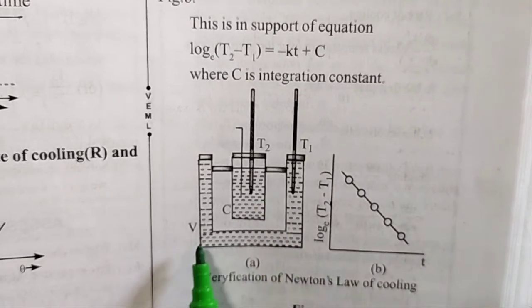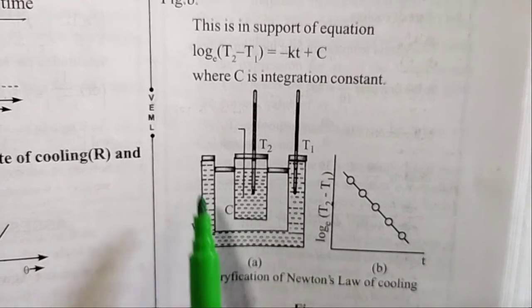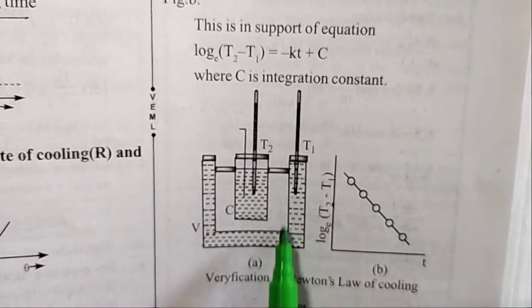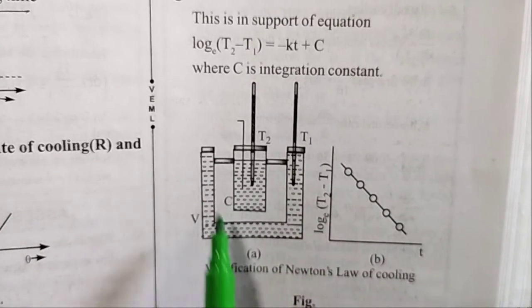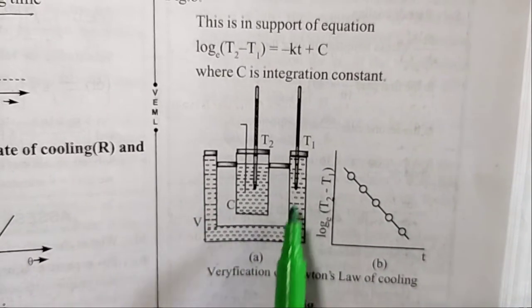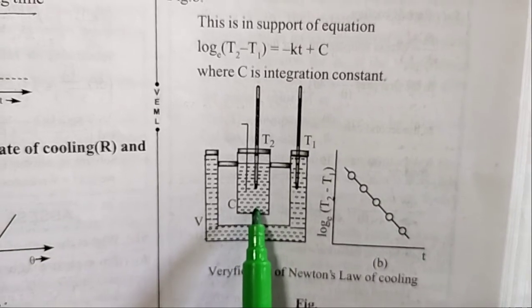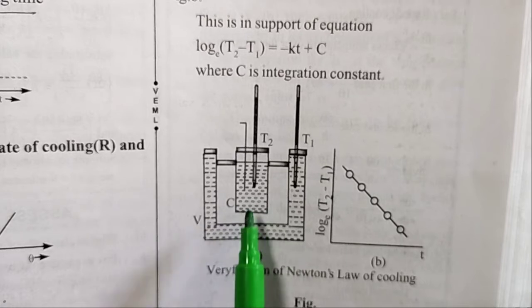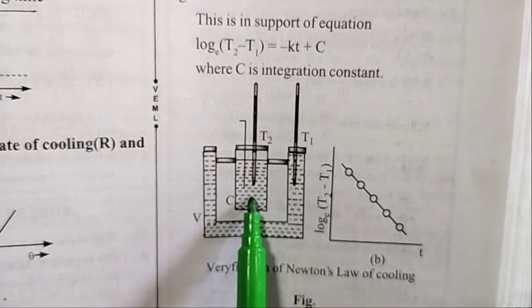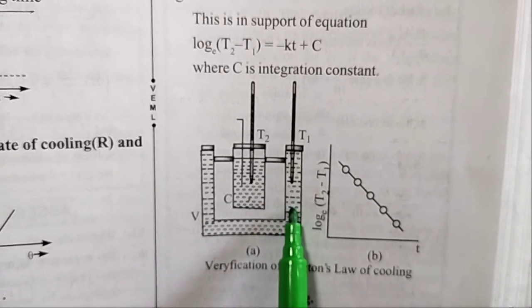It is a double walled vessel, and inside it water is there. And second one, C is the copper calorimeter, which has hot water inside, while the walled vessel has cool water.